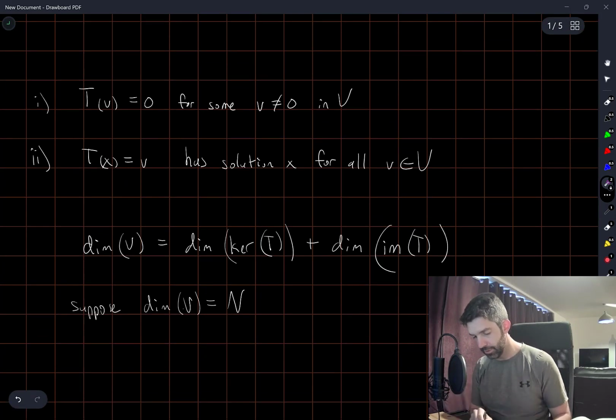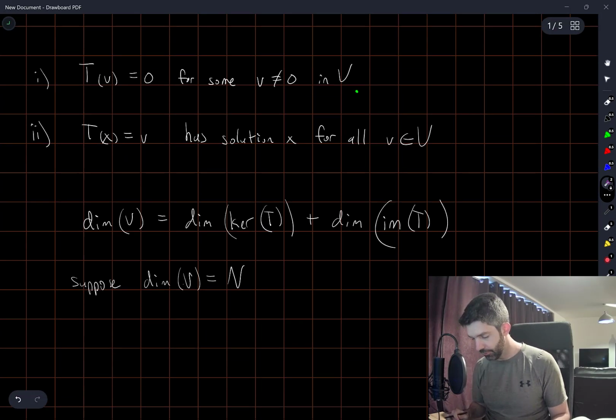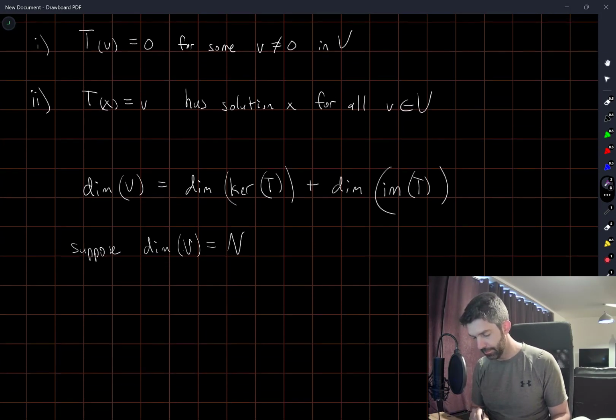And let's do the opposite. If statement 1 is true, then this says that the dimension of the kernel is at least 1, but then the dimension of the image has to be strictly less than n.